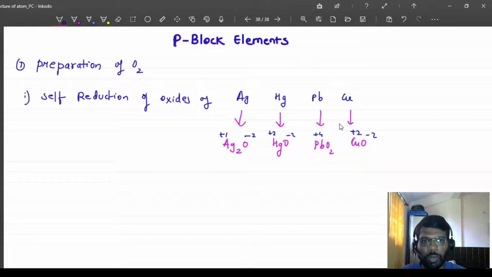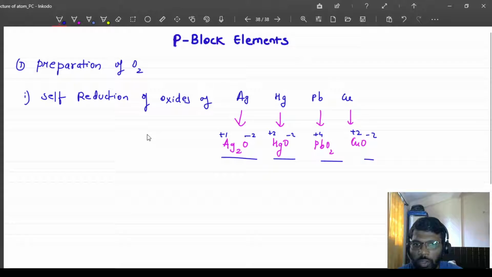So if we do the self-reduction of these oxides, then we are going to get oxygen. First I will do the self-reduction of Ag2O.